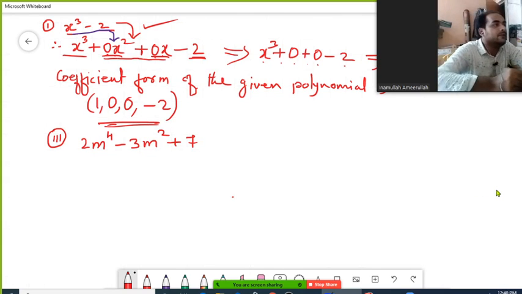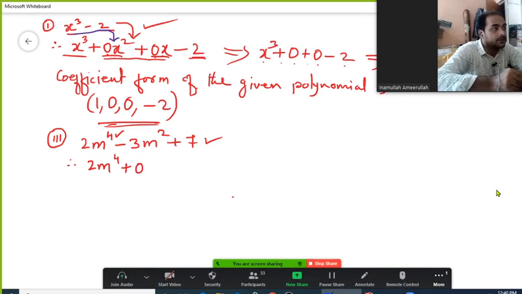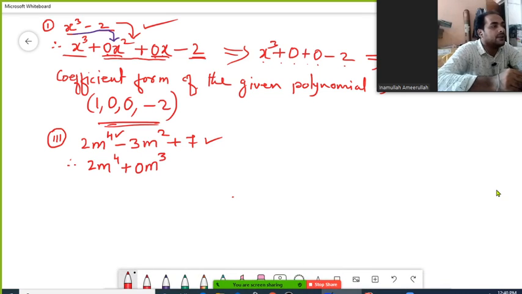First, we will write this polynomial in proper standard form. So the highest degree is 4. So this can be written as 2m raised to 4. After 4, there must be 3. So here there is no 3, so I'll take 0m cube. Then after cube we need square, so this term has power 2.